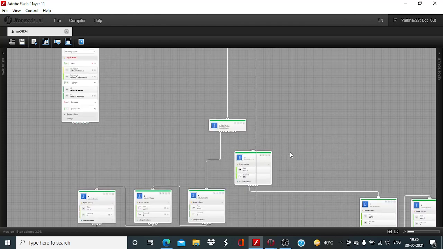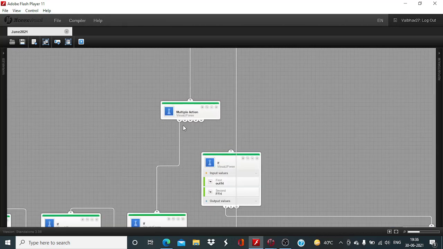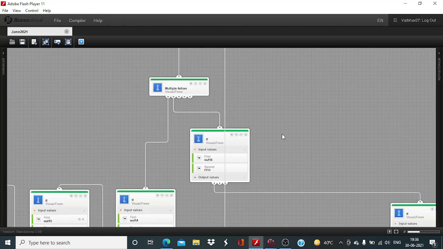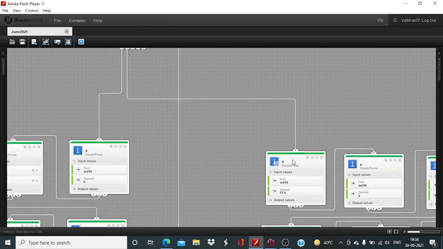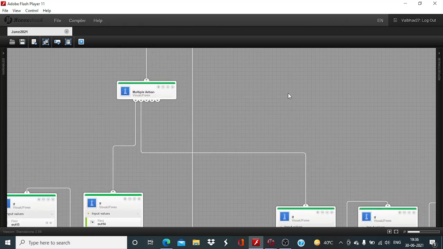I will join it to the multiple action, so that this is now part of the main structure.